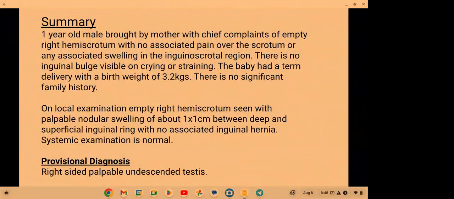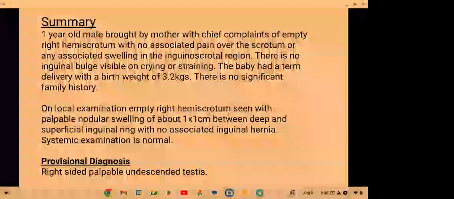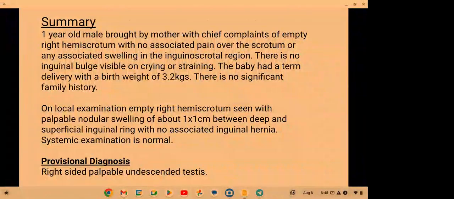You can invaginate the scrotum and fix it to the lower end of the testis, so that the testis will be slightly higher up than that of the opposite side, but it can be fixed to the bottom of the scrotum. You have to do an invagination of the scrotum. That's called the Prentice maneuver.